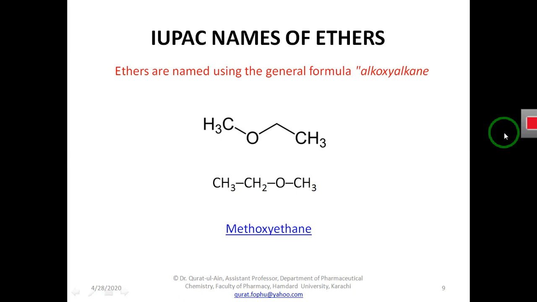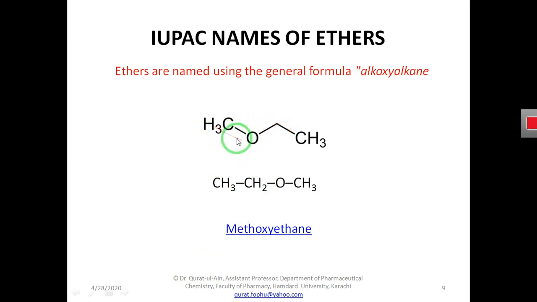Now we will see how we can name them. All ethers are named using the German formula, that is alkoxy-alkane. If the ether functional group contains two similar alkyl groups, then we will name it corresponding to the alkyl group attached to the oxygen atom of the ether functional group.